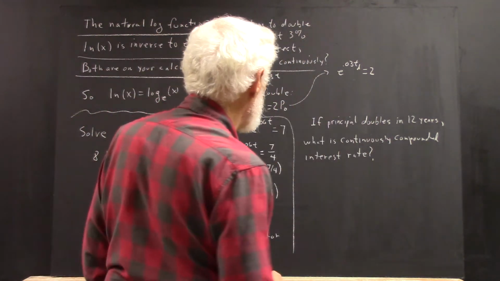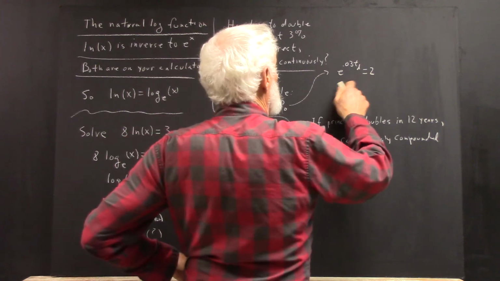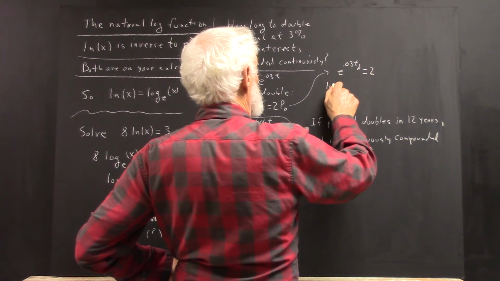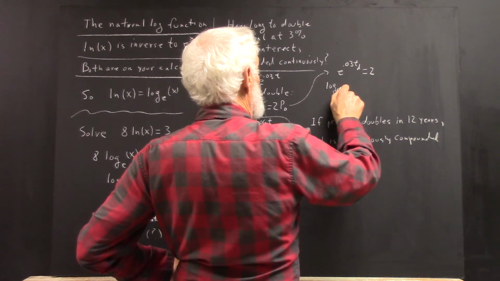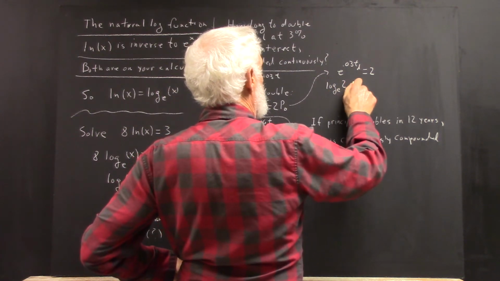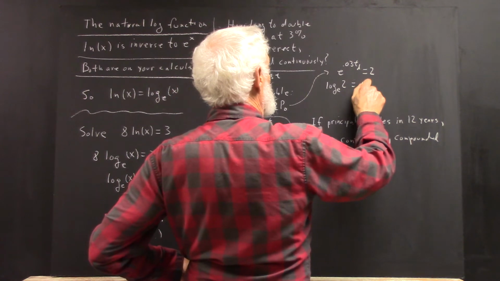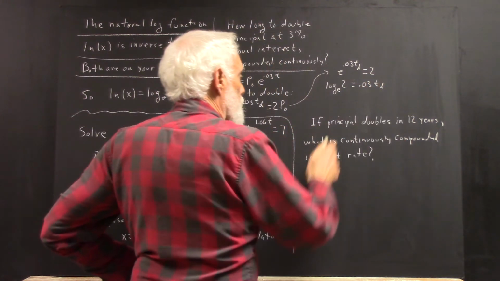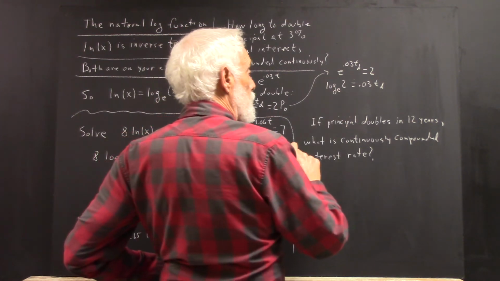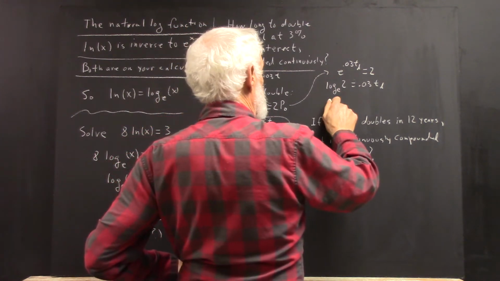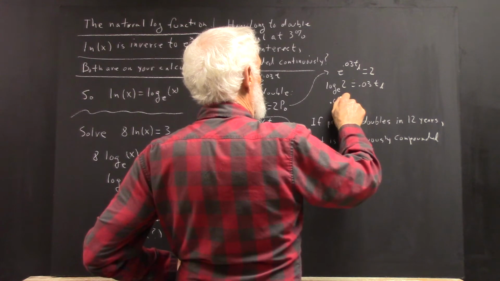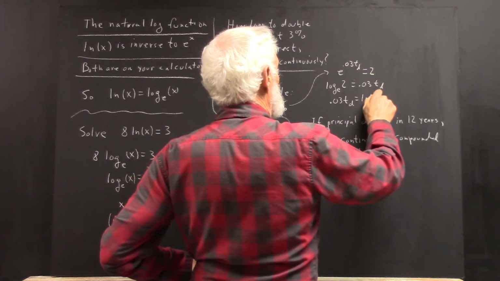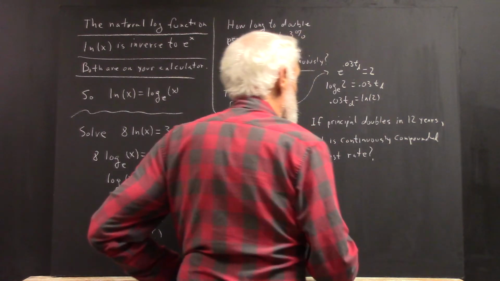To solve this, we simply write log to the base e of 2 equals 0.03 t sub d. Log to the base e is the natural log, so we're going to get 0.03 t sub d equals the natural log of 2, which you can calculate with your calculator.